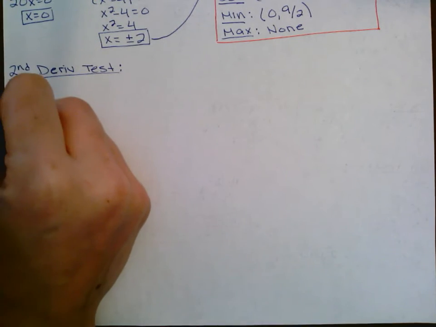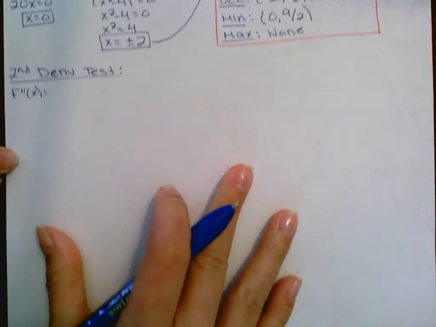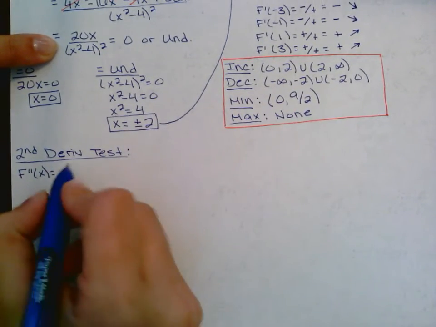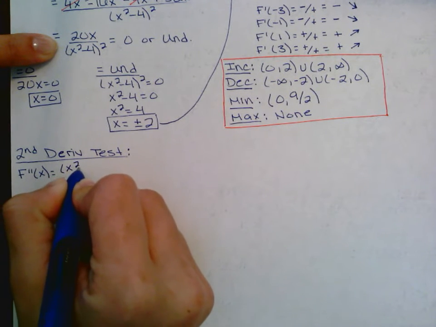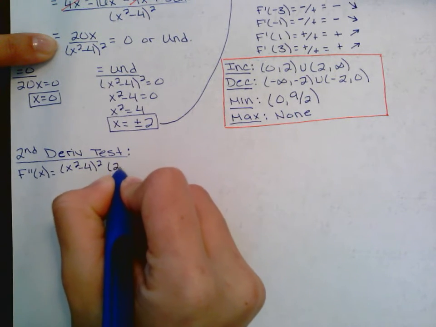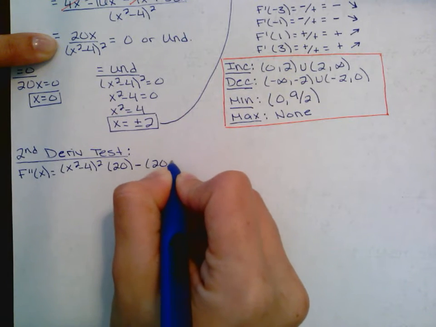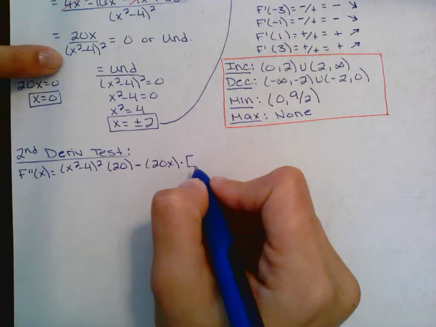All right, so if I'm finding my second derivative, let's look back at what the answer to my first derivative was. I'm going to do low d high, derivative of the top, minus high d low. Be careful, the derivative of that low is a chain rule.